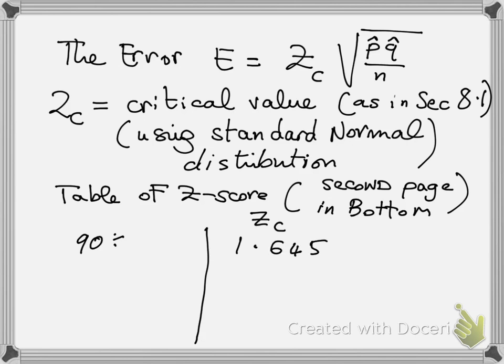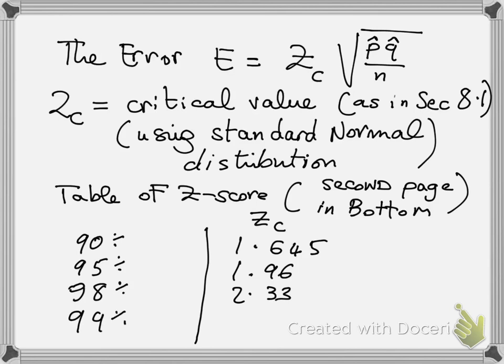For 95% confidence, it is 1.96. For 98%, it is 2.33. For 99%, I think it is 2.58. Anyway, you can find these values in the bottom of the second page of the table of the z-score.